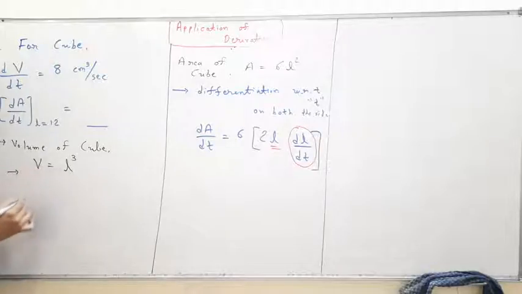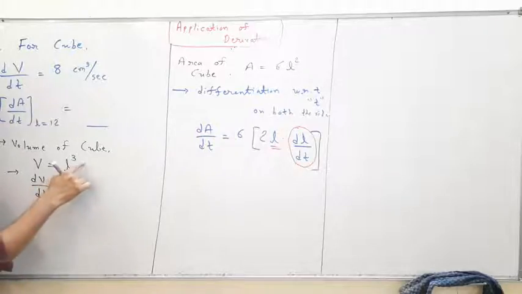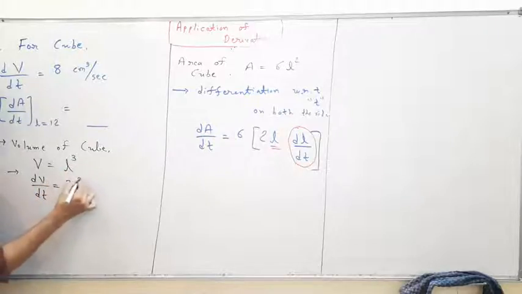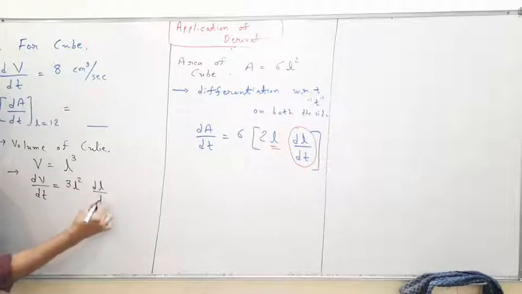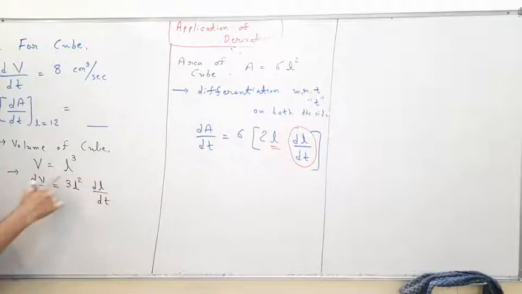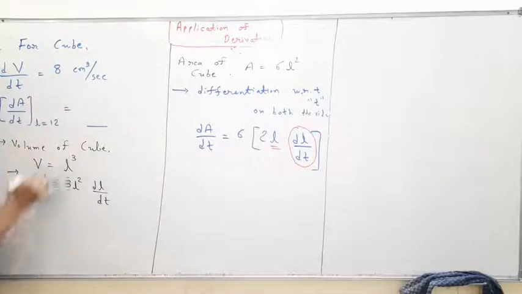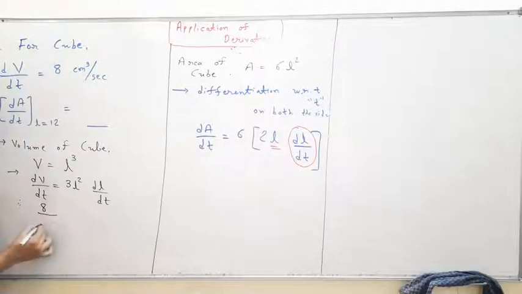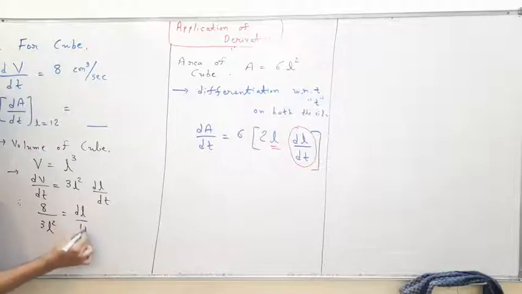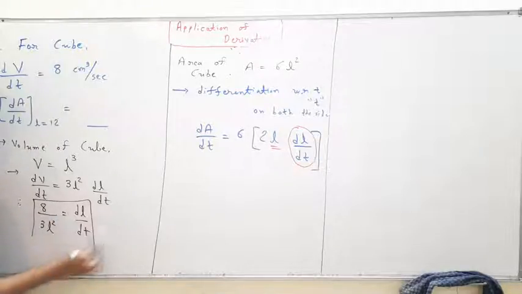Differentiate with respect to time on both the sides, so what do we get? dV by dt, differentiation of L cube is 3L square, and by chain rule differentiation of L is dL by dt. The value of dV by dt is 8. 3L square will come in the denominator, so 8 upon 3L square is equals to dL by dt.